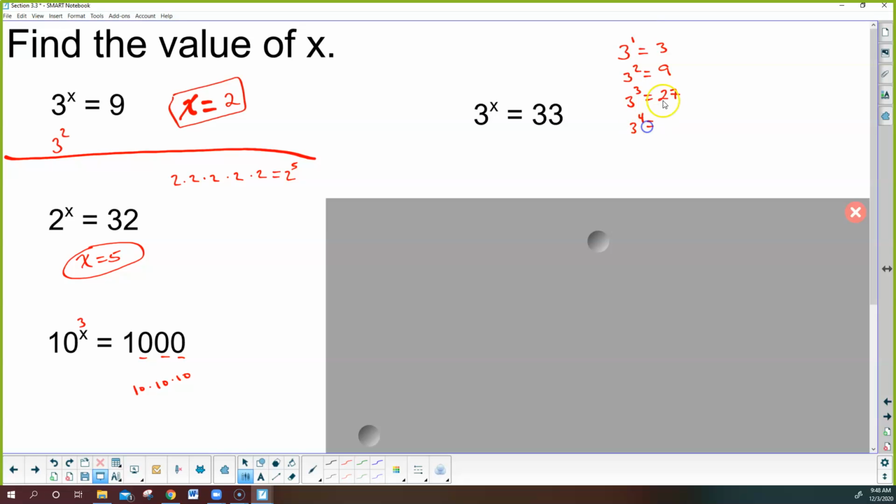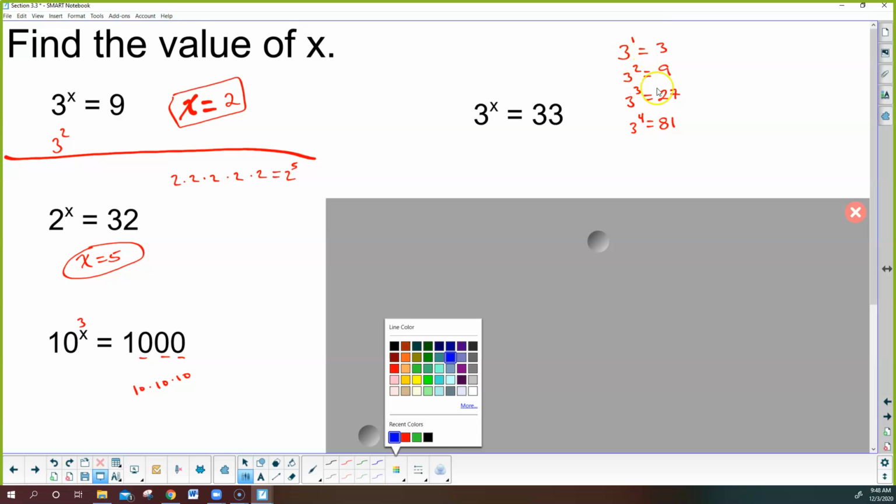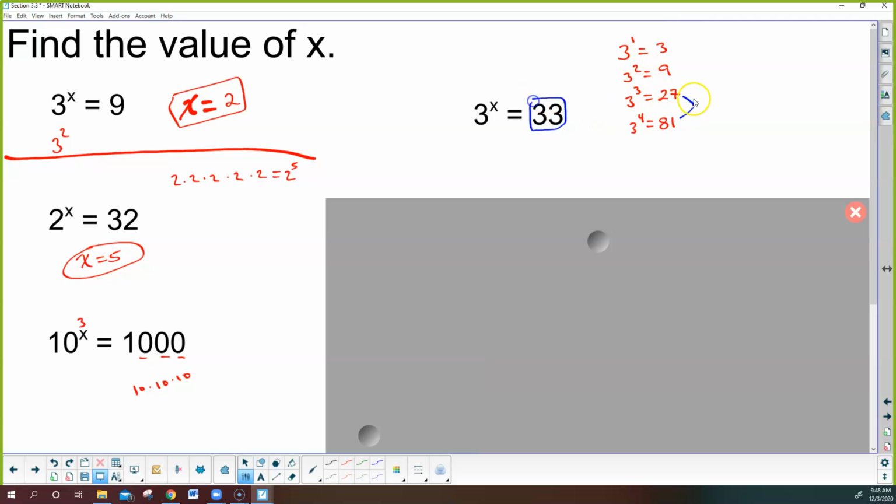And 3 to the fourth power is, what is that, 81. Okay, now, process of deduction here, 33 is in between 27 and 81. So I'm going to guess my answer is going to be 3 point something, right? And it's closer to 27 than it is to 81. So it's going to be closer to the lower one.